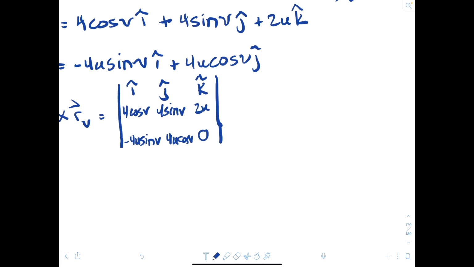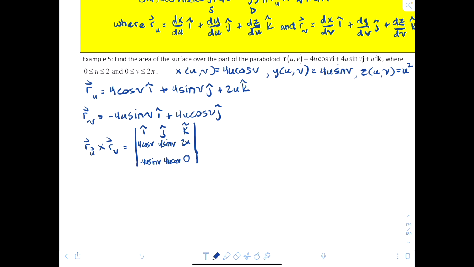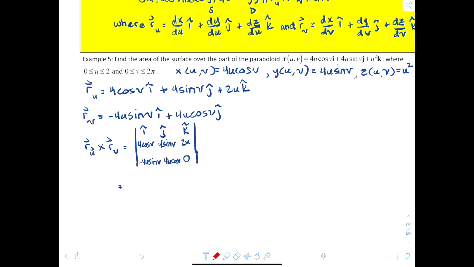Sorry, it's kind of small. Well, that in turn is going to equal, actually I'm going to work vertically. I'll go ahead and expand about here, so I'll get plus minus plus.